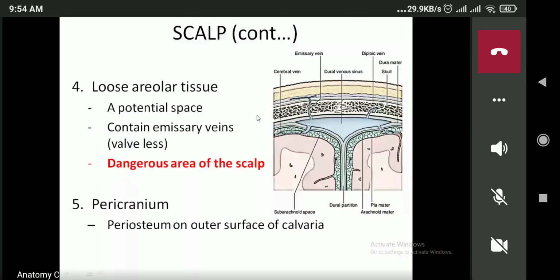See here, these emissary veins actually connect the veins of the scalp with the internal venous structures, like the dural venous sinuses.